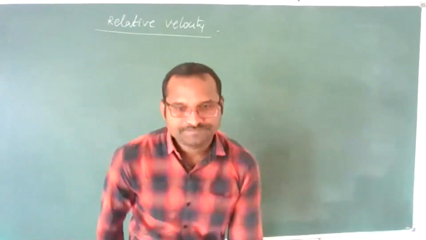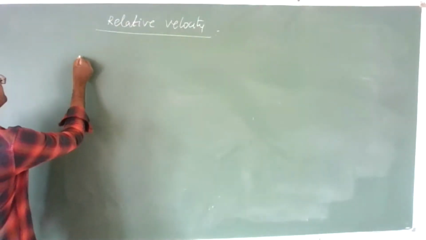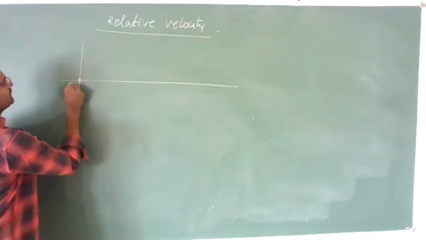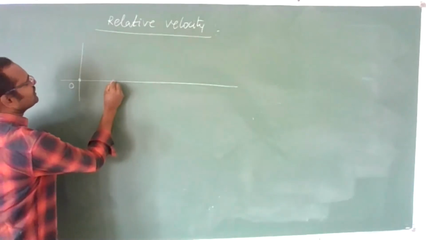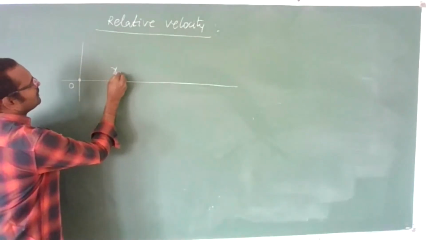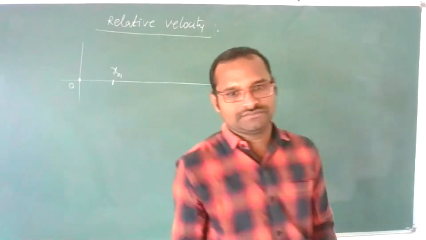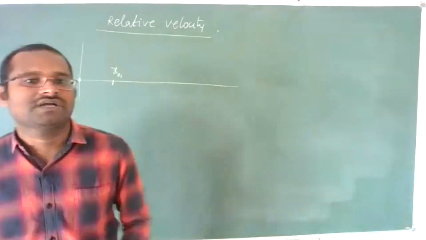Okay, let us try to give you the concept first. See here, let us imagine there are two objects on a coordinate axis. This is the origin. Now let us imagine there is a position x naught. One vehicle, let us imagine A, is at a position of x naught.